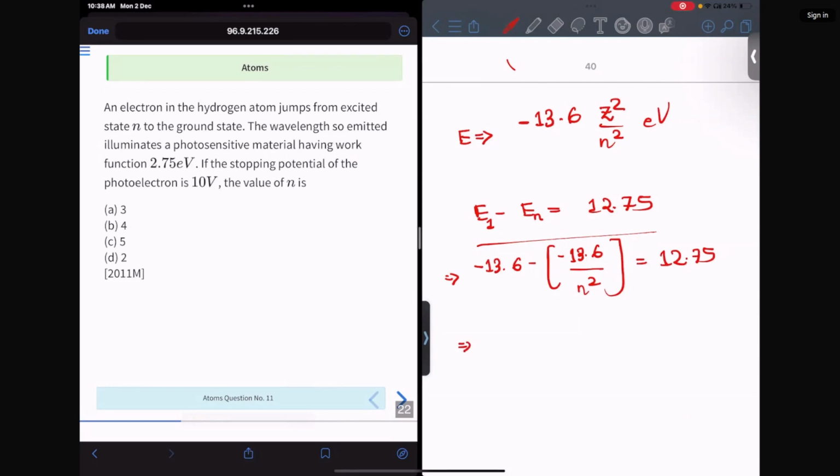Okay, so the value will be minus 13.6 plus 13.6 upon n square is equal to 12.75.